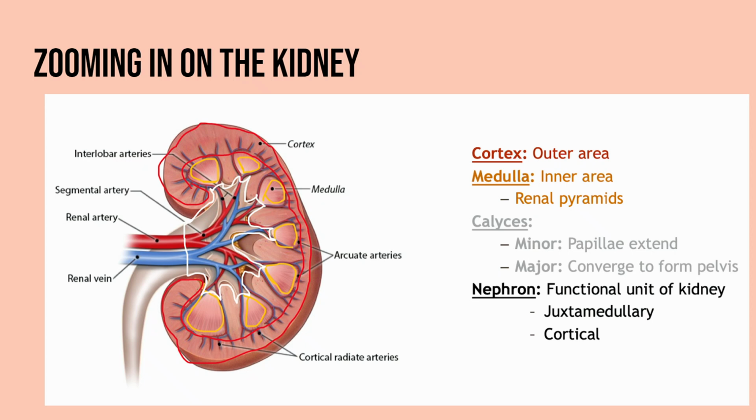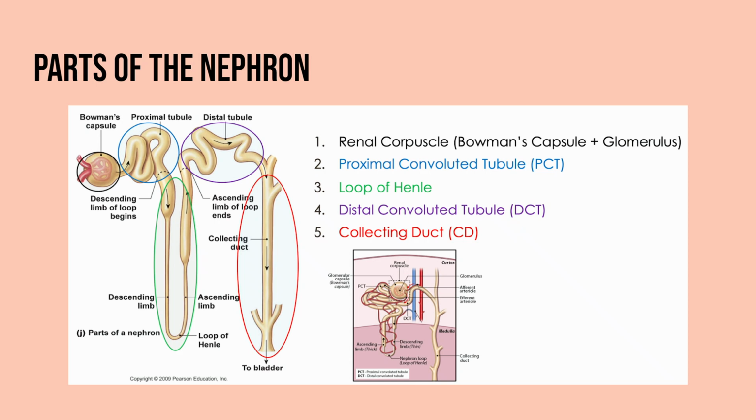And then there's the nephron, which is within those regions. And there are 2 types of nephrons, the juxtamedullary and the cortical nephrons. And then parts of the nephron. I put these first few slides just to get us thinking about what we're going to talk about. So then here's the functional unit.